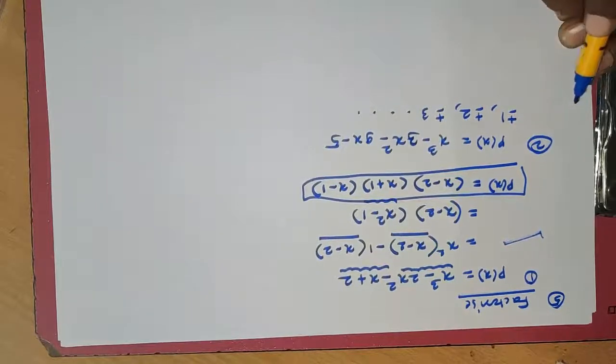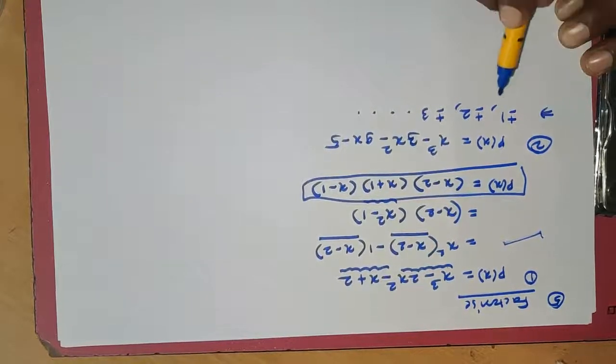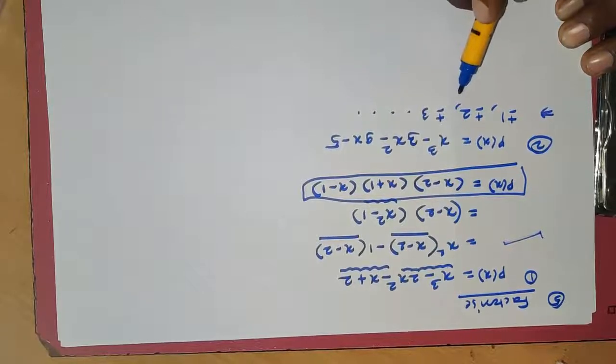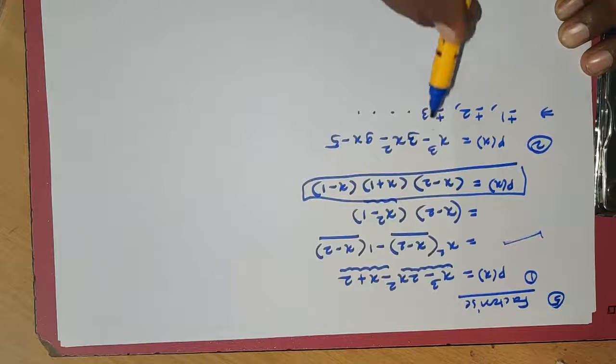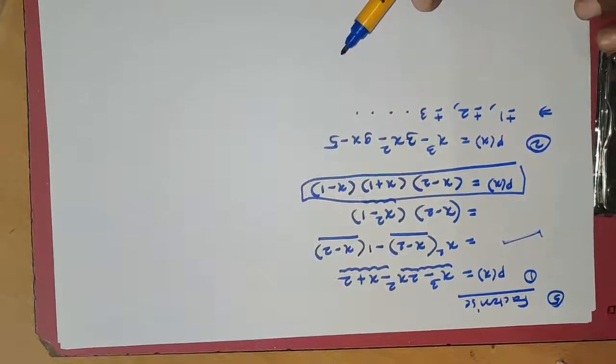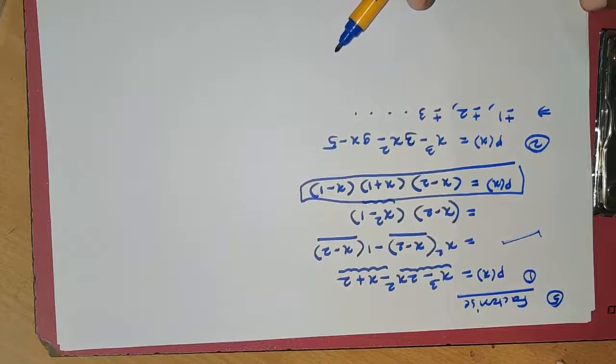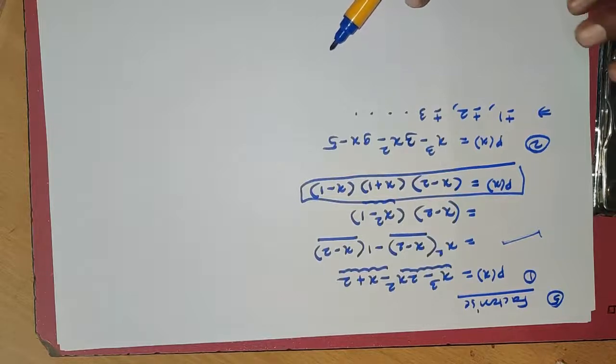We are going to try these factors so that we will get the different g of x, q of x. Now if you observe, this is a cubic polynomial, and a cubic polynomial will have a maximum of 3 factors. So I will try the different factors.